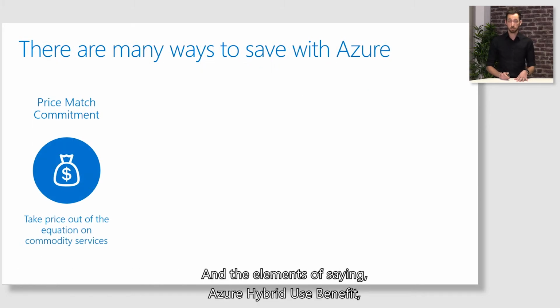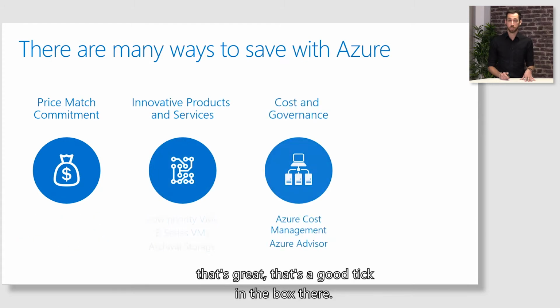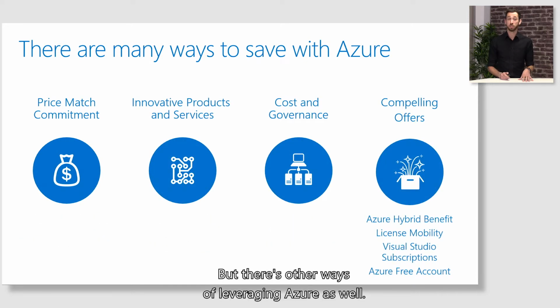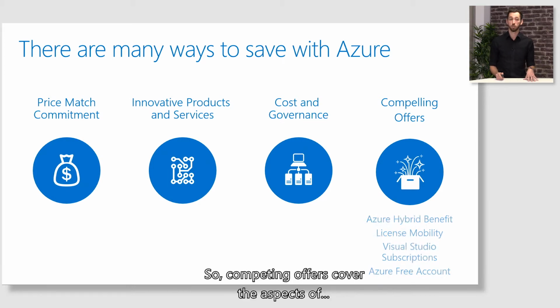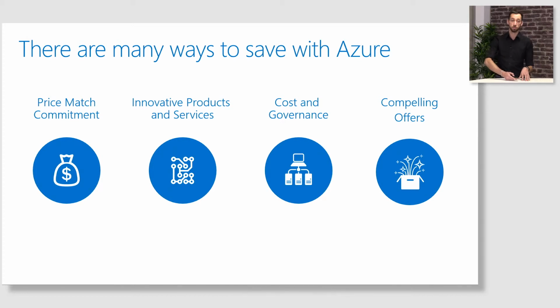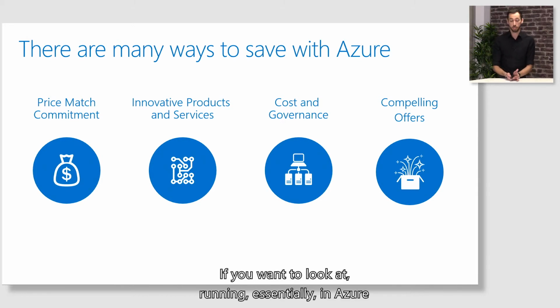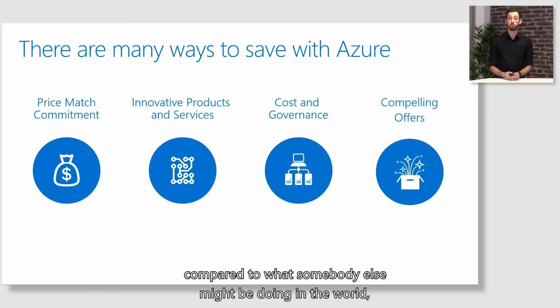And the element of Azure Hybrid Use Benefit, that's great, that's a good tick in the box there. But there's other ways of leveraging Azure as well. So here's an example of price match commitments, which is essentially what we're doing, as well as competing offers. Competing offers cover the aspect of running it a little bit cheaper in Azure compared to what somebody else might be doing in the world.